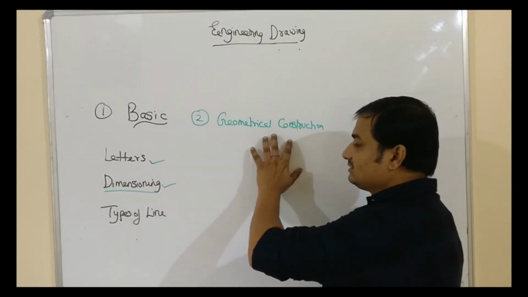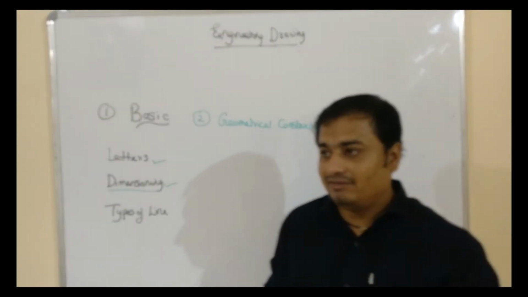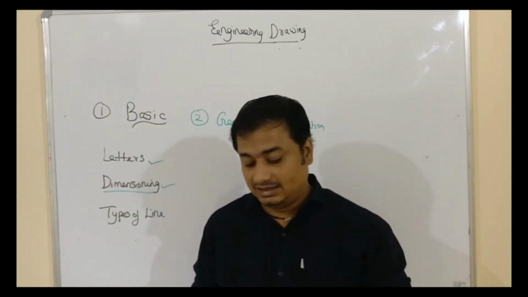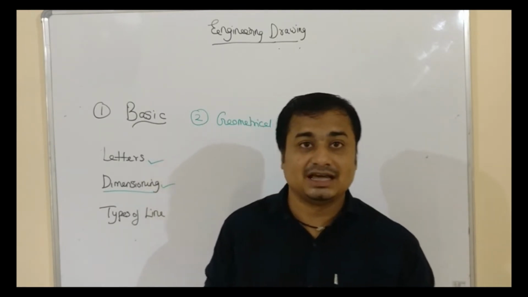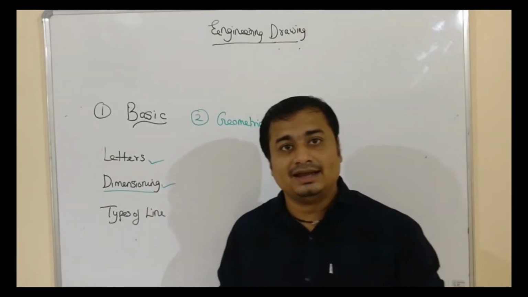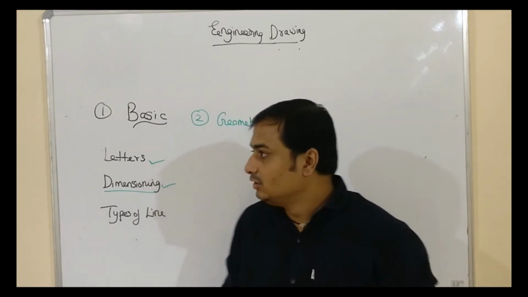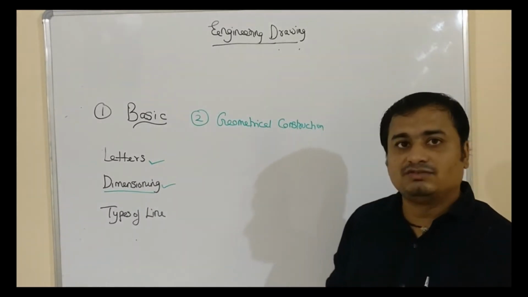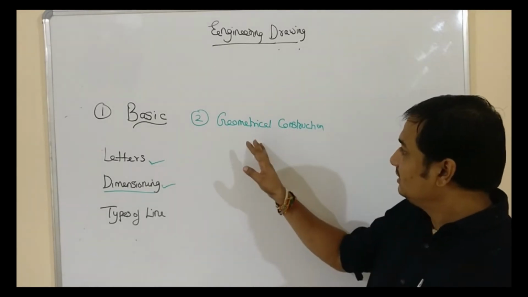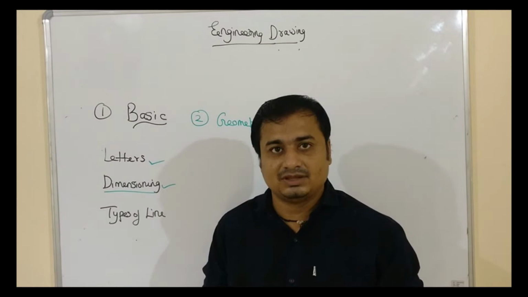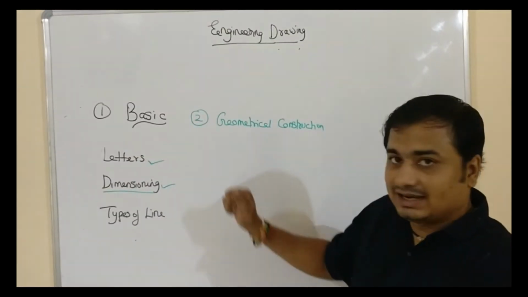So geometric construction means we will have the knowledge of the construction of geometry, like circle, ellipse, parabola, hyperbola, spiral, involute, and any plane figures. So geometric construction is going to tell us how to construct these basic shapes. So this is the second component.